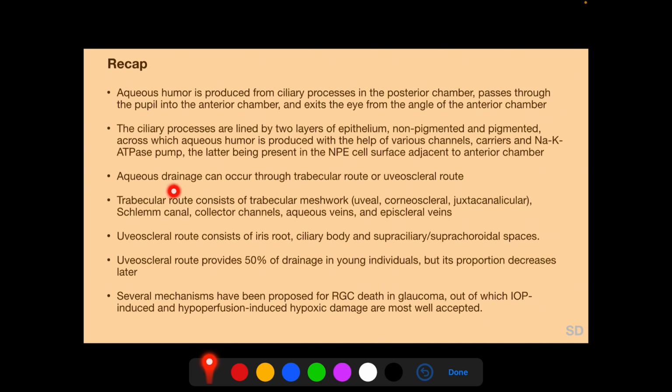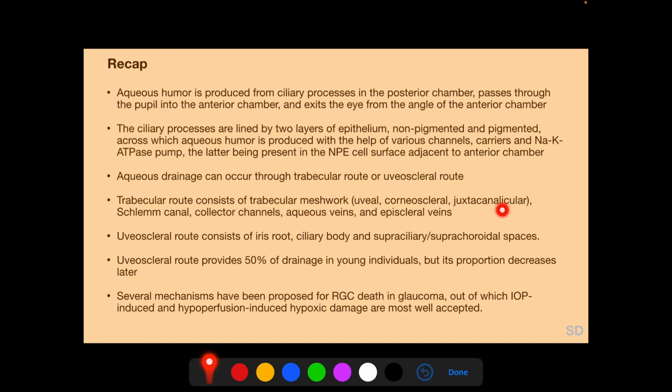Aqueous drainage can occur through the trabecular outflow route or the uveoscleral outflow route. The trabecular route consists of the trabecular meshwork, which in turn consists of uveal meshwork, corneoscleral meshwork, and the juxtacanalicular meshwork, then Schlemm's canal, collector channels, aqueous veins, and episcleral veins.